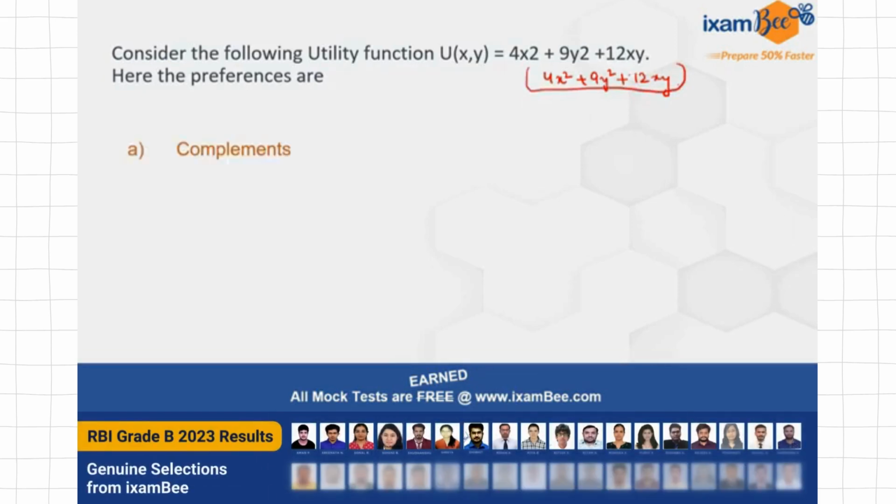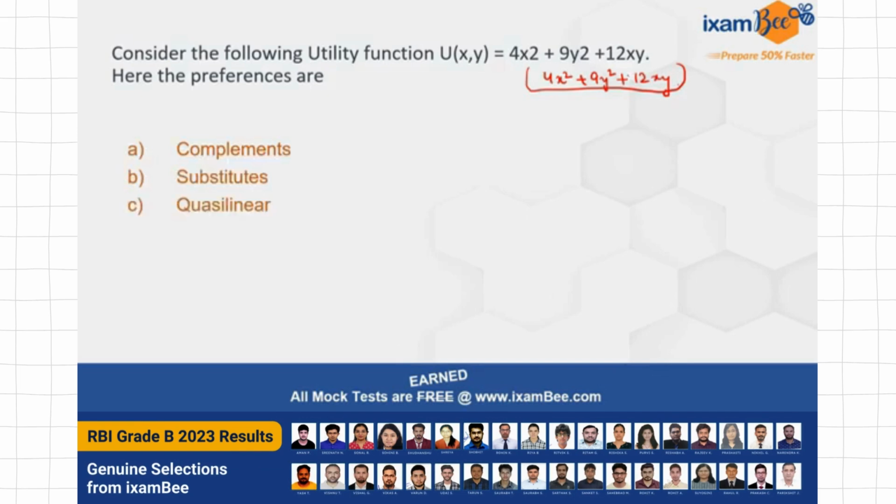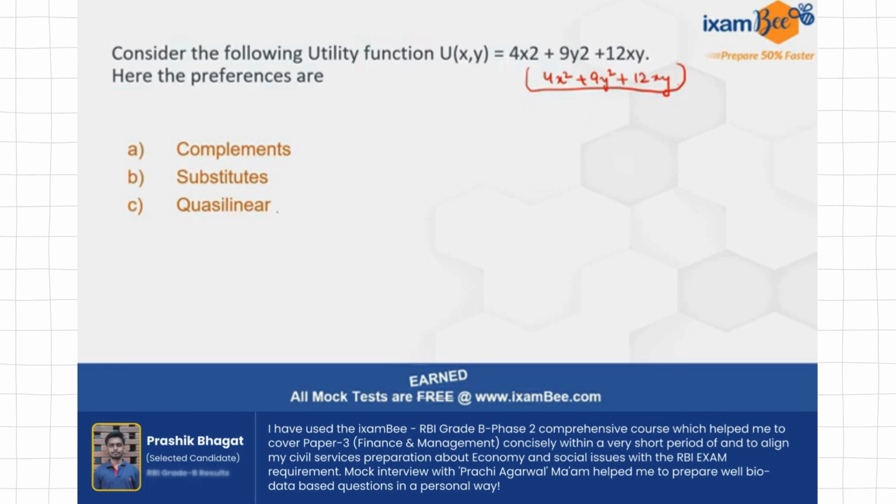Are these complements? Are these substitutes? Or whether they are quasi-linear preferences. What do you mean by quasi-linear? Quasi-linear means partly linear. So one of the variables is not linear, either x or y, one of the commodities, and the other could be linear. Then Cobb-Douglas preferences or none of these.